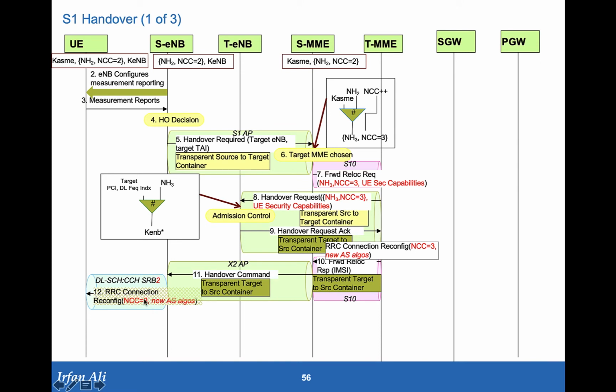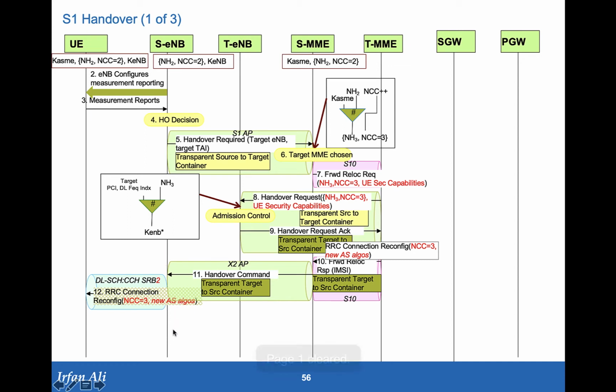And this time it is encrypted and integrity protected by the key that has been used between the UE and the source eNode B. So this is using K eNode B, which is the one that has been used between the UE and the source eNode B in the access stratum.